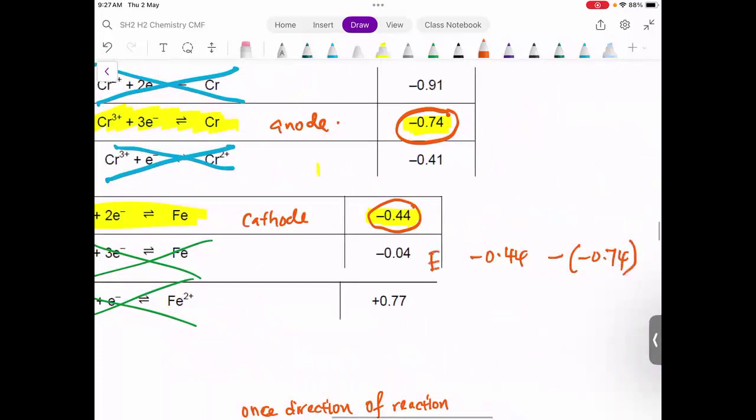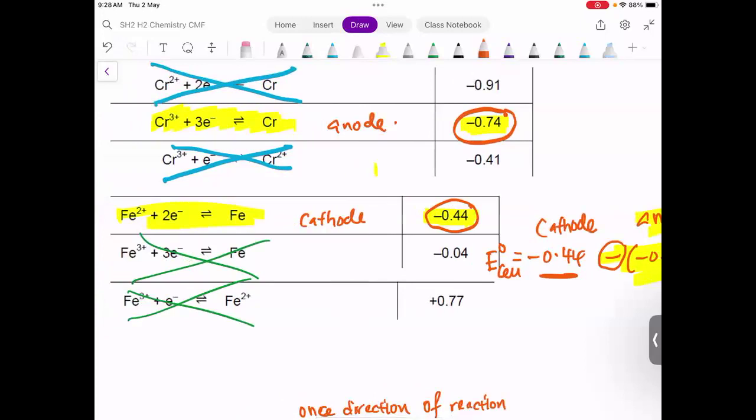That is your E naught cell. This is your cathode, and this is your anode. For the anode, you need to put a negative sign to reverse the value because it's occurring in the reverse direction.